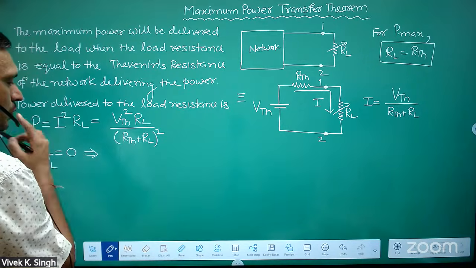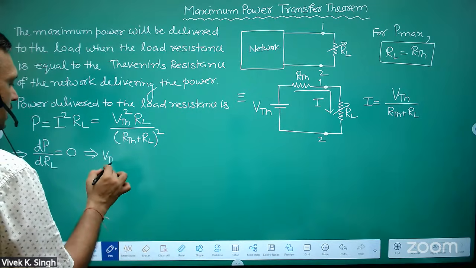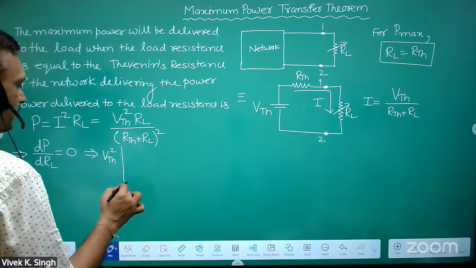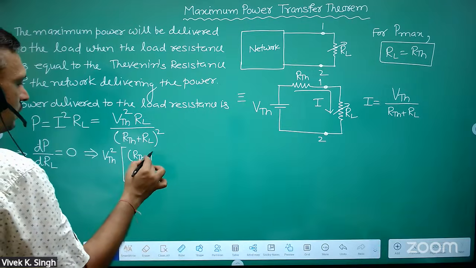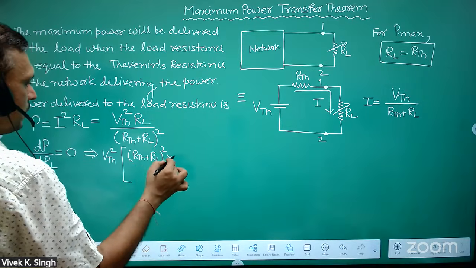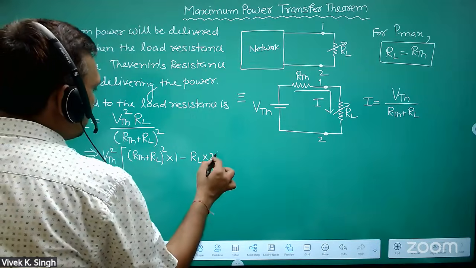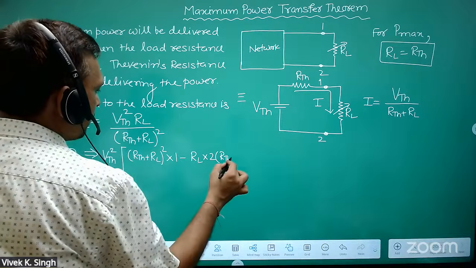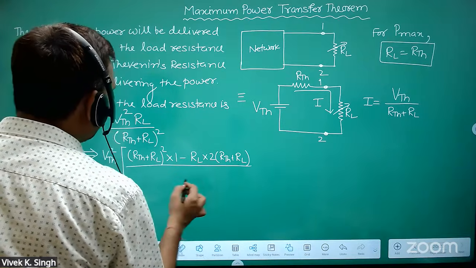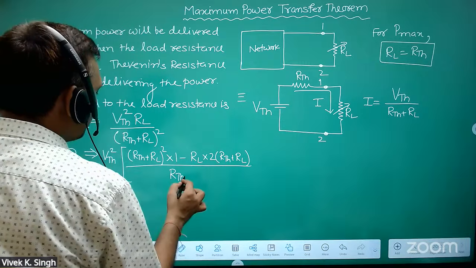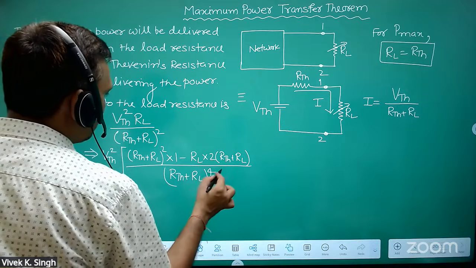So this will give you VTH square is common, RTH plus RL divided by whole square. This will be power 4.